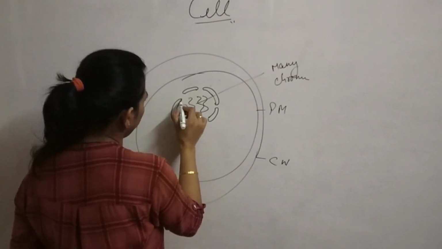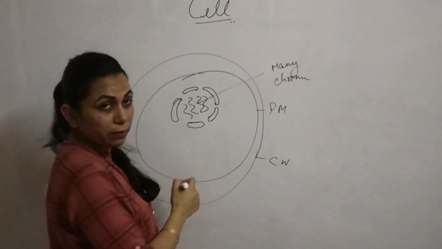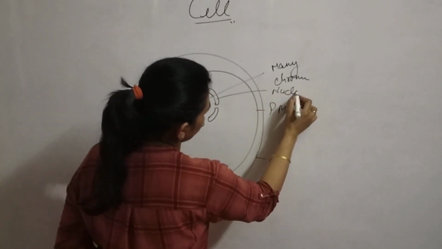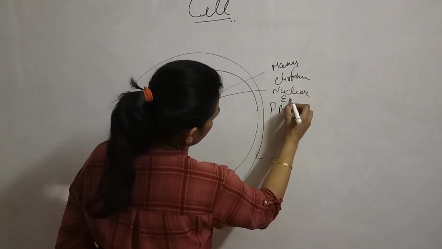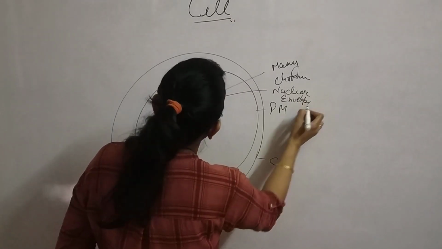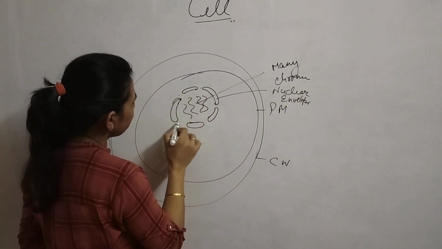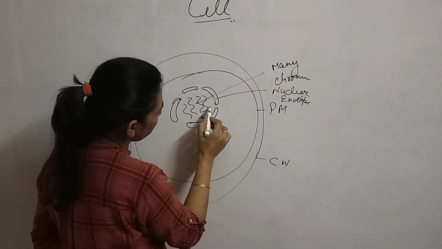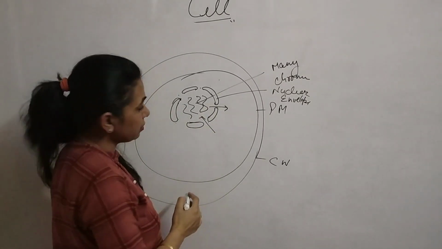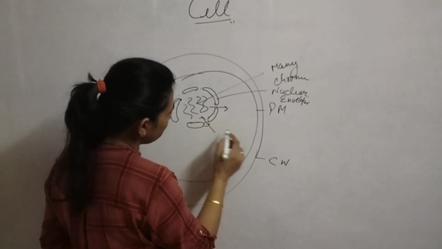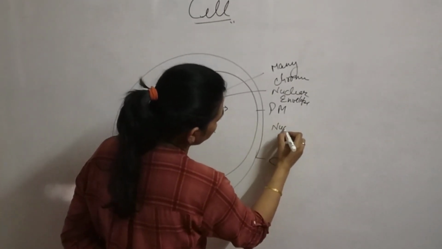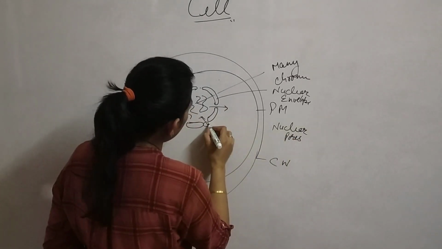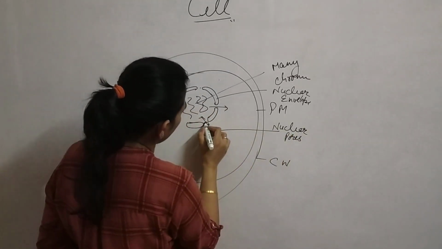So this is a double membrane and we call it the nuclear envelope. In between there are spaces for the entry and exit of substances, and we call these openings nuclear pores, right? Nuclear pores.